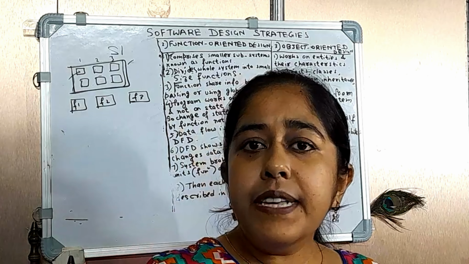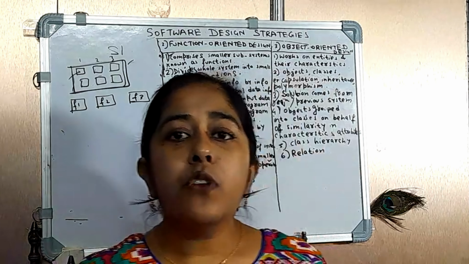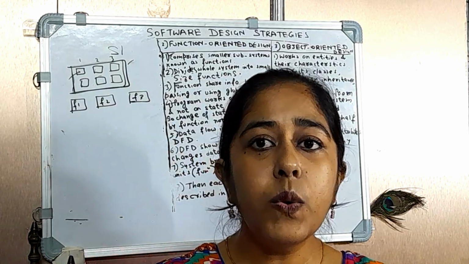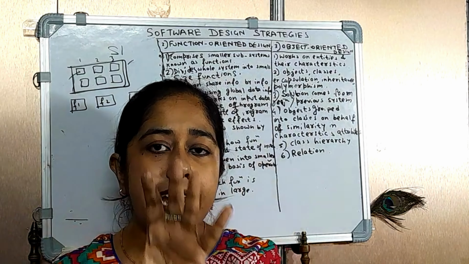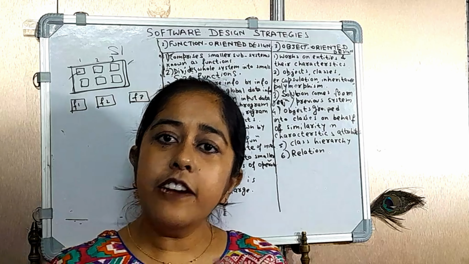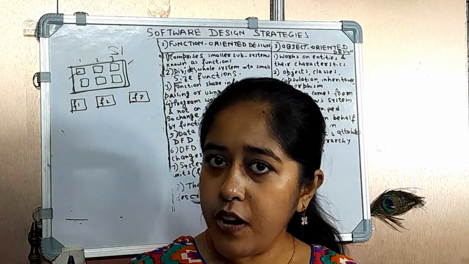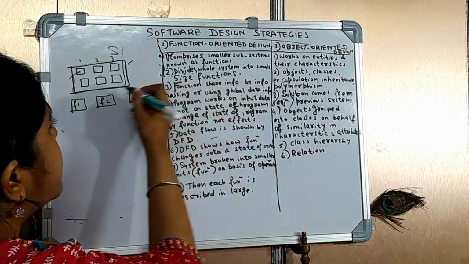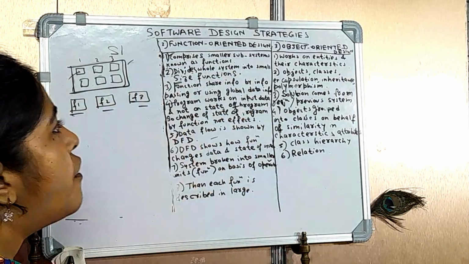There we were breaking the subsystems into modules, but here your subsystems are known as functions. Why? They are doing some specific work, some specific function. That's why we call these subsystems smaller functions.